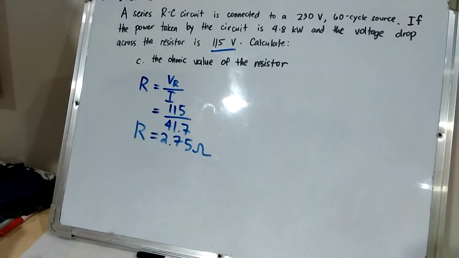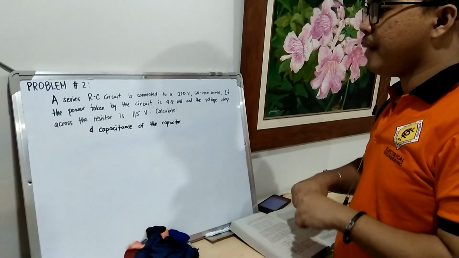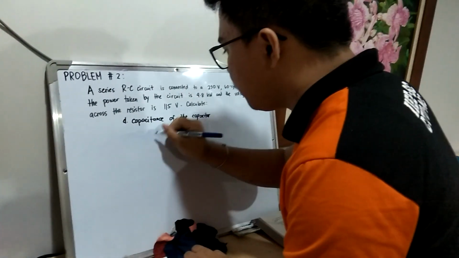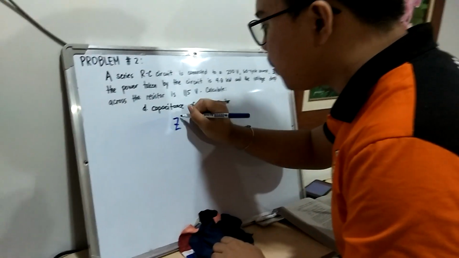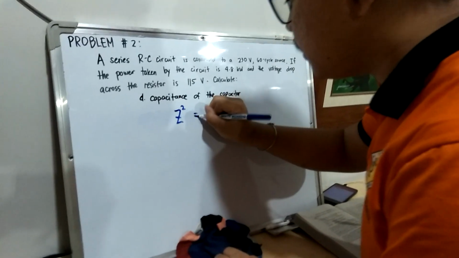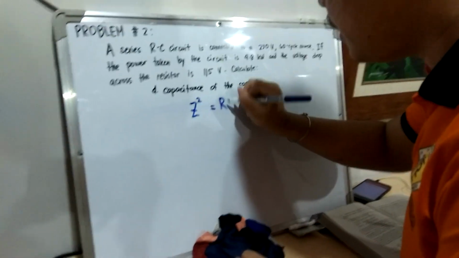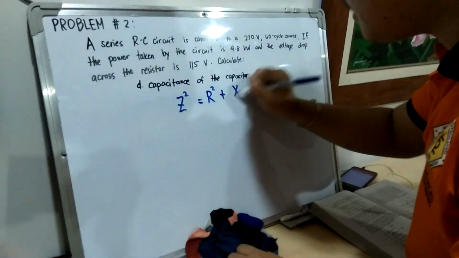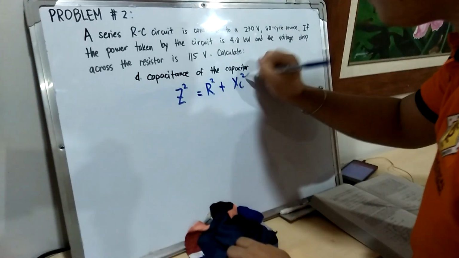We need to calculate the capacitance of the capacitor. So we need to use the formula Z squared is equal to R squared plus X sub C squared.